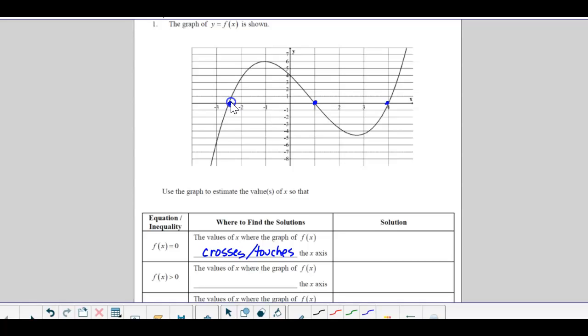What are those values? It looks like about halfway in between -2 and -3, so -2.5, 1, 4. Or you could say -5/2. In this case we can't give exact values, because it says estimate.